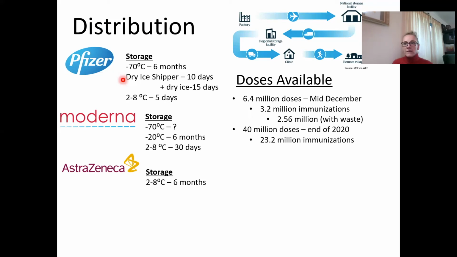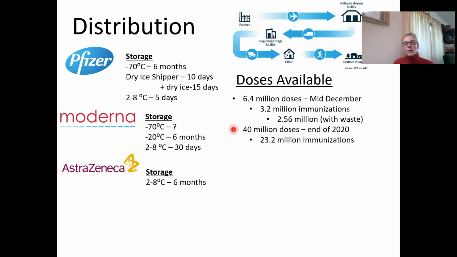The nurse dropped the vial, or it was set out on the bench top too long. So there's a lot of waste that's associated with, especially, these large mass campaigns. So it really might not be 3.2 million people that get immunized with this first dose. It might be a lot less. But because they're not talking about this, I'm just going to assume it's all 100%.